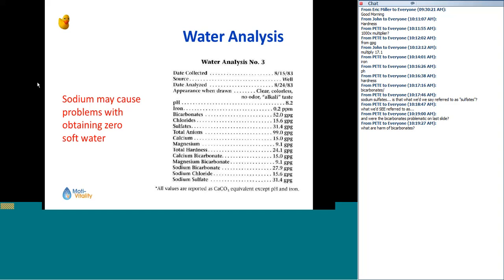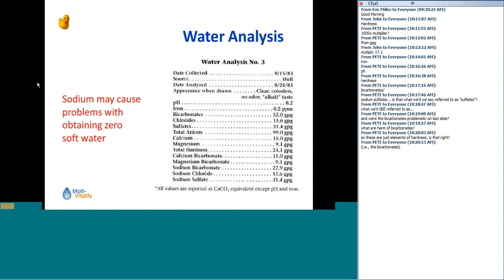The bicarbonates themselves are going to be an issue if you are working on the alkalinity, and probably it's because you've got high alkalinity here because of the bicarbonates. Okay, the alkali taste. All of that is there, so you can get rid of those. They're just the elements, well, it's carbonates and bicarbonates.